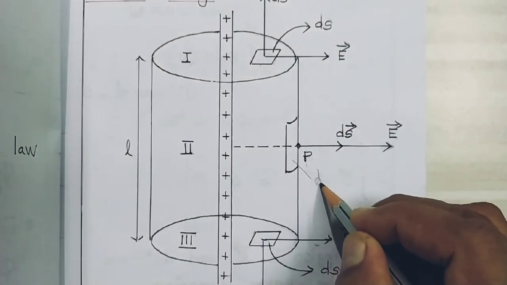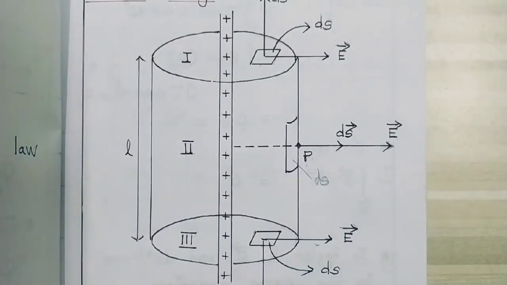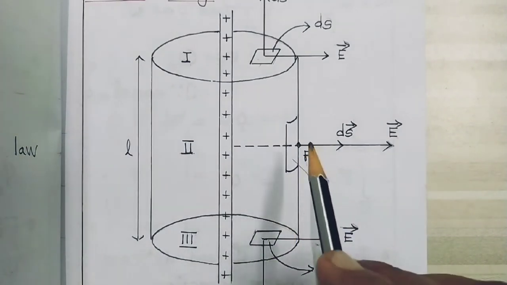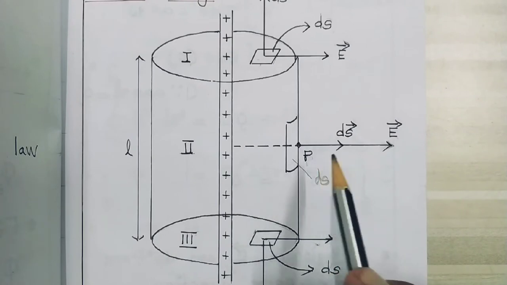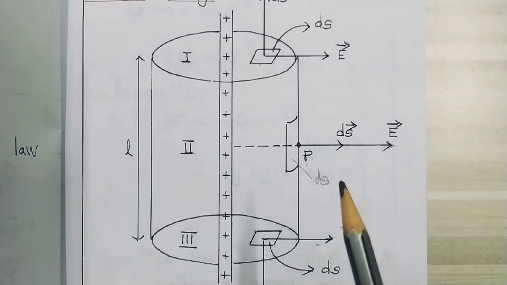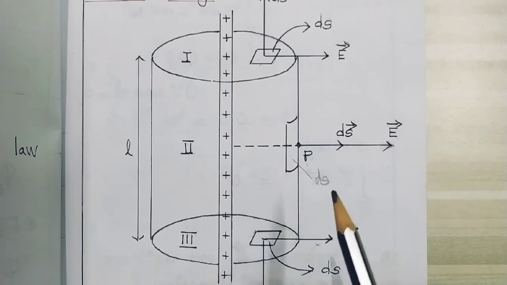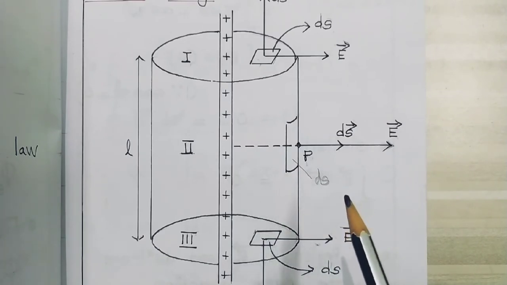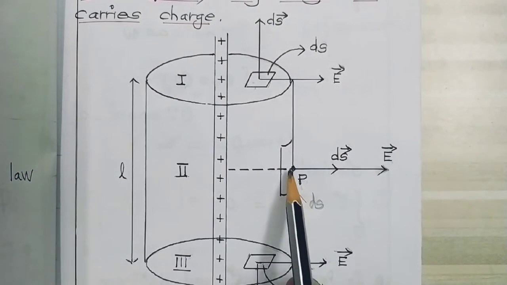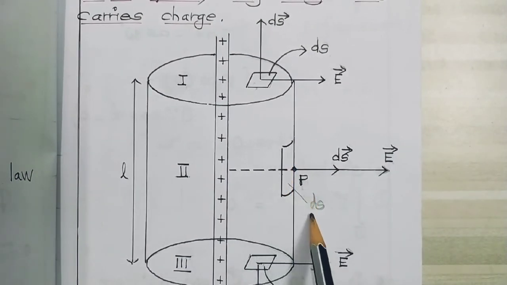This is ds. Okay. Now here, we have already studied about area vector. What is an area vector? Any vector which is drawn perpendicular to a surface is called area vector. So here is the small surface ds.